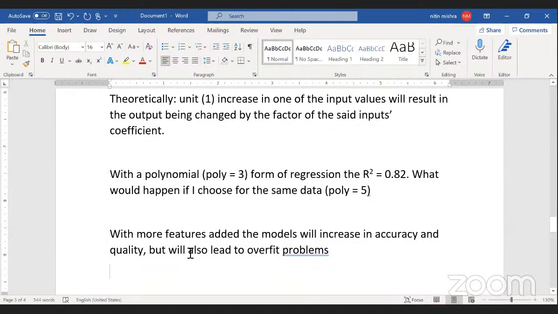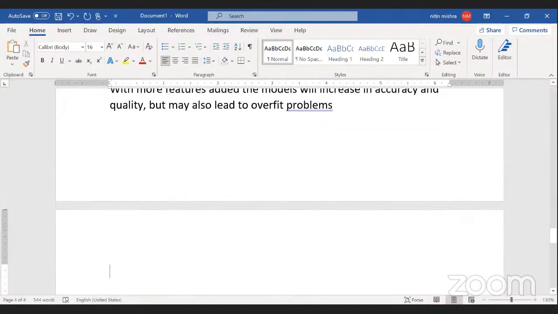I shouldn't say will, I should say it may also lead to overfitting problems. All right.